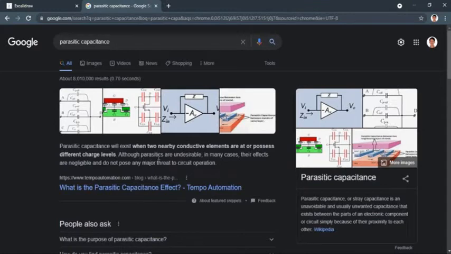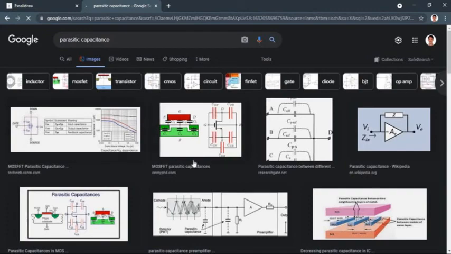Although parasitics are undesirable, in many cases their effects are negligible and do not pose any major threat to circuit operation.